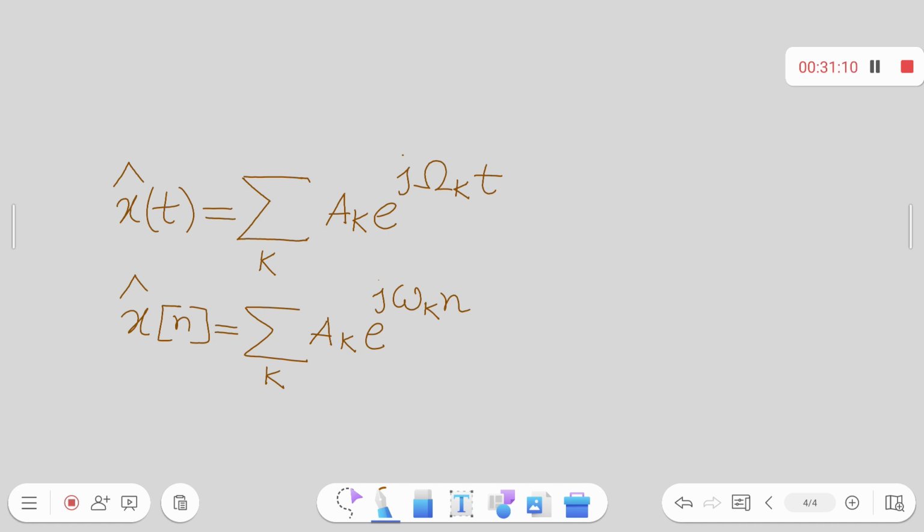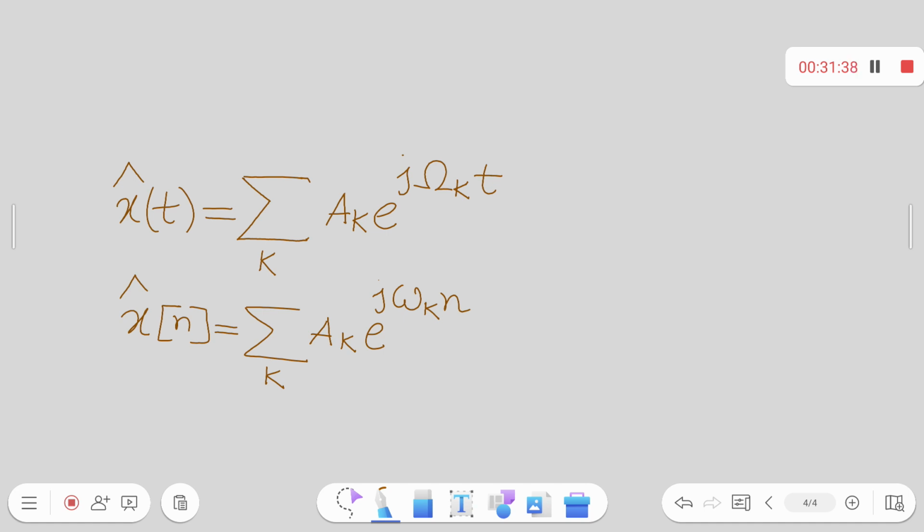Since I started my discussion from different types of signals, continuous time and discrete time, as you know, the basis signal, the eigenfunction I am considering here, is also a periodic signal. But I don't know whether the signal that will be applied to the LTI system is guaranteed to be periodic.